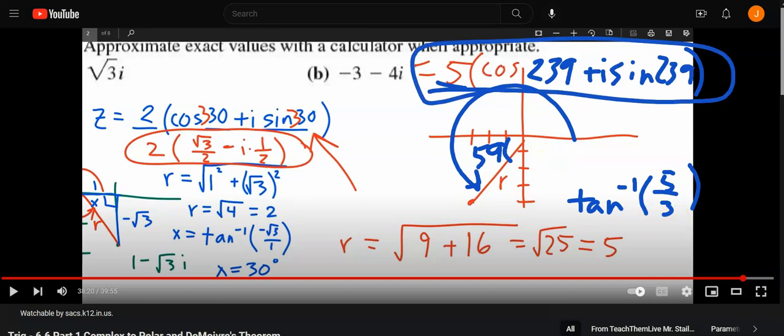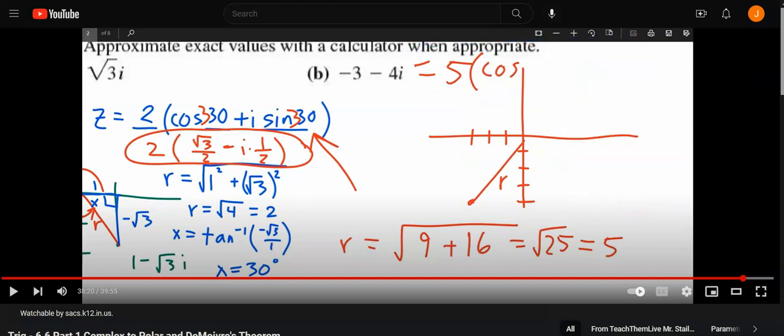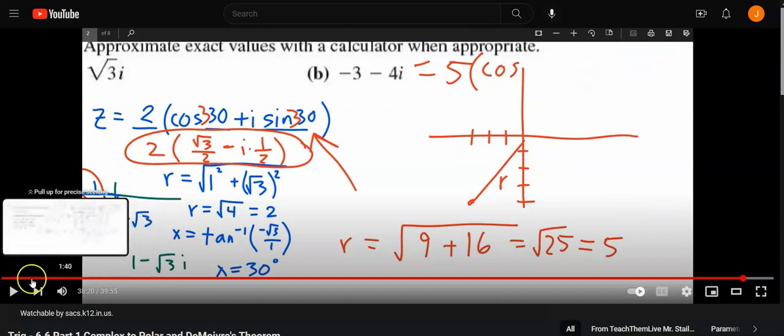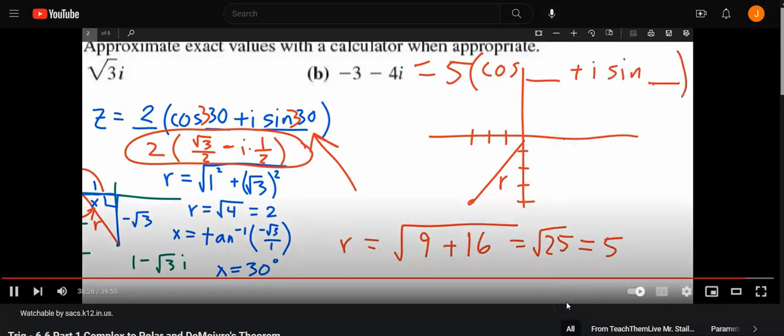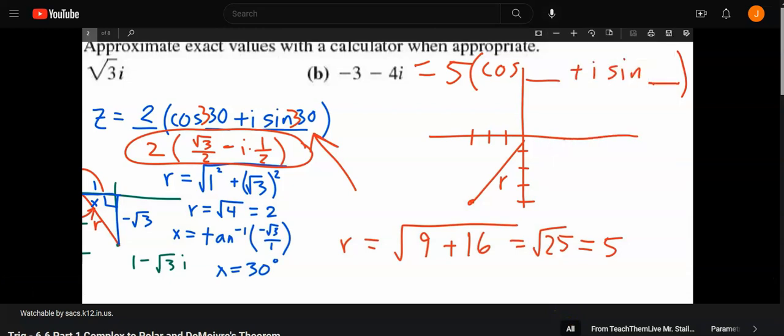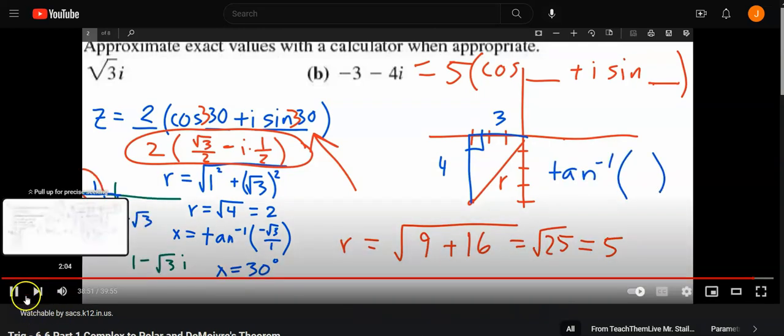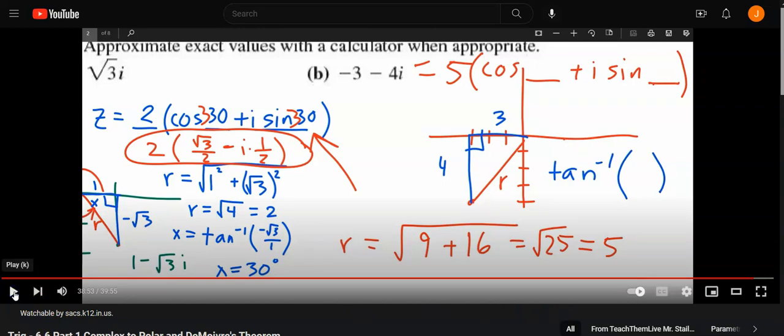So we're going to see if I do it right. Come on. Oh, I got my wrong angle. Whoa. Why did I do 5/3? It should be 4/3. Boy, I'm even screwing up in my repeat video. Tangent inverse 4/3.